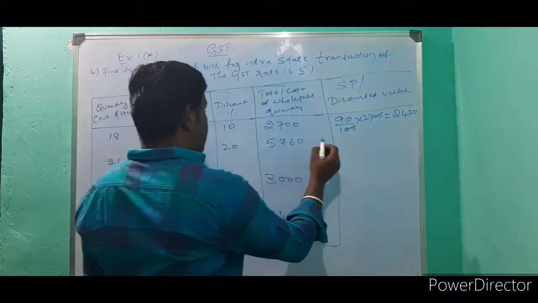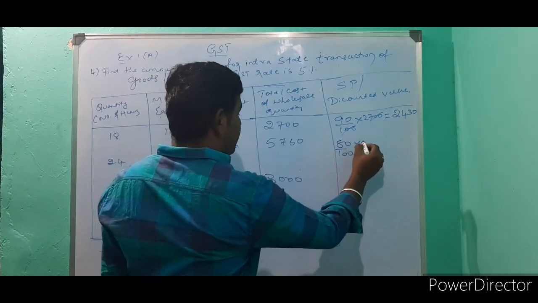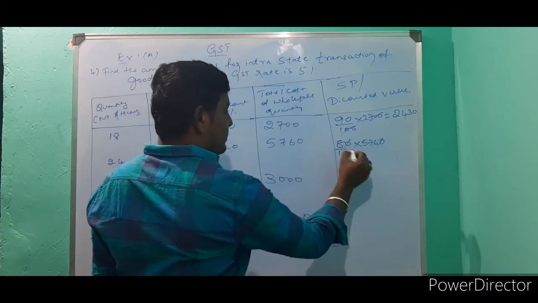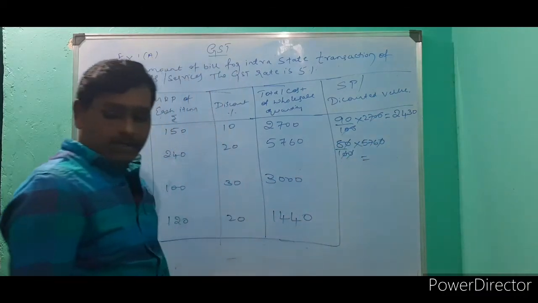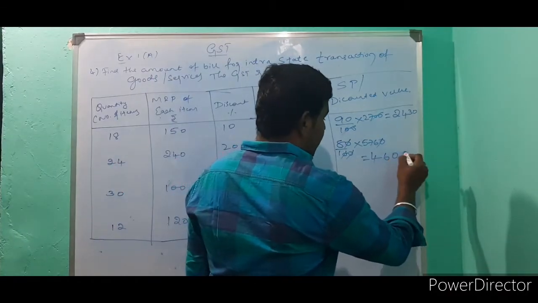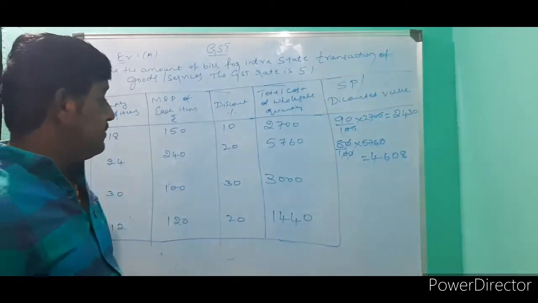Same for the 20% discount: 80 divided by 100 into 5760. If you multiply 8 into 576, you will get 4608 rupees.